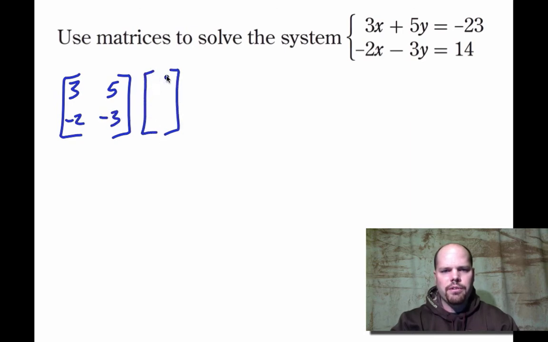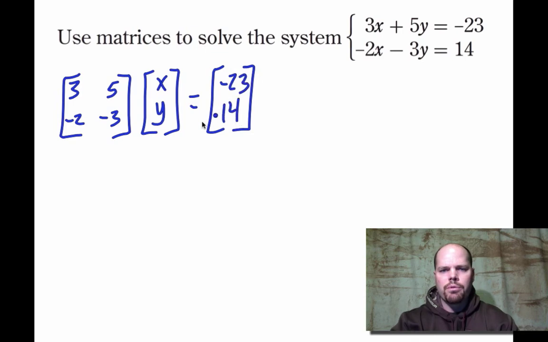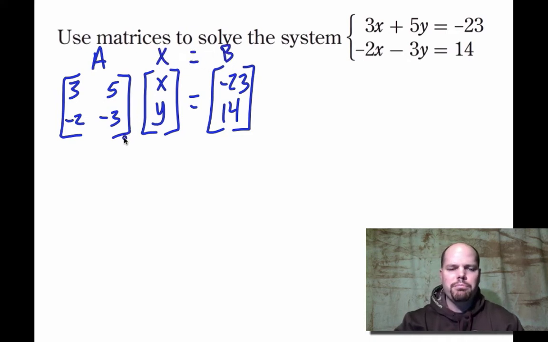Multiplied by the variable matrix x, y, and equals the constant matrix negative 23, 14. We're going to call the coefficient matrix A, this the variable matrix, and that our matrix B.